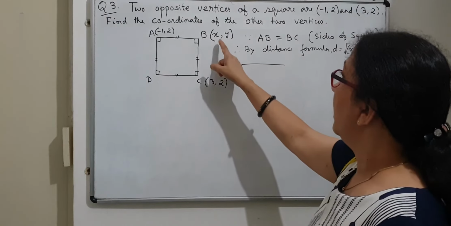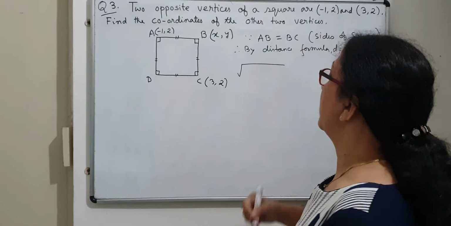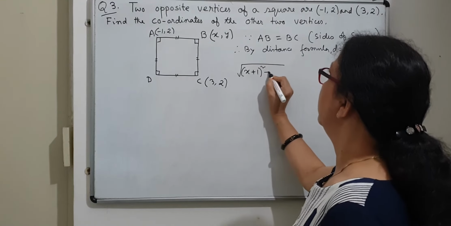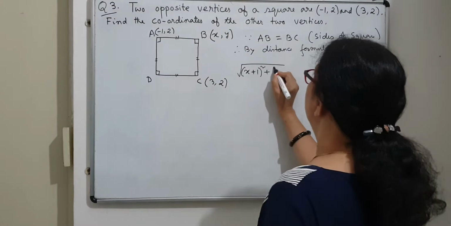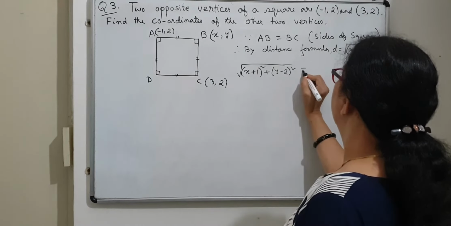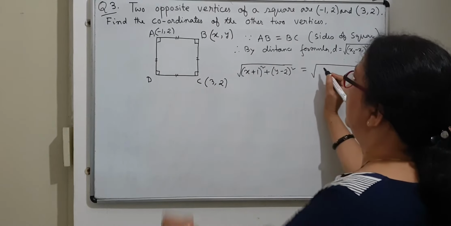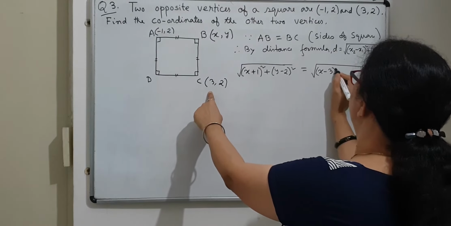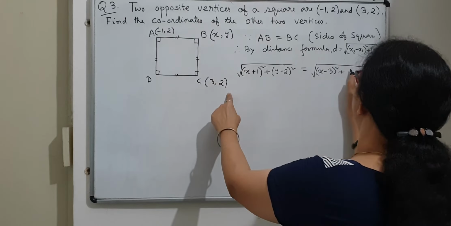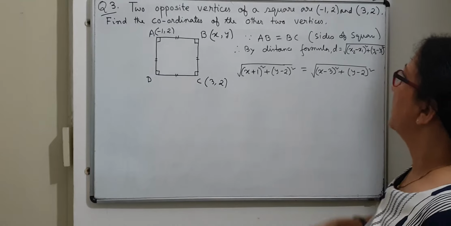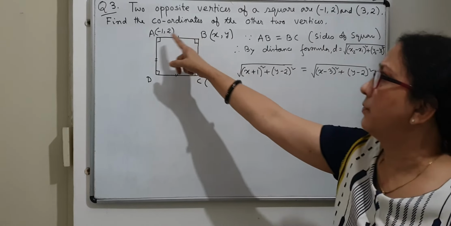AB will be the square root of (x plus 1) whole square plus (y minus 2) whole square. BC will be the square root of (x minus 3) whole square plus (y minus 2) whole square. So I am getting these two by the distance formula, from the diagram.